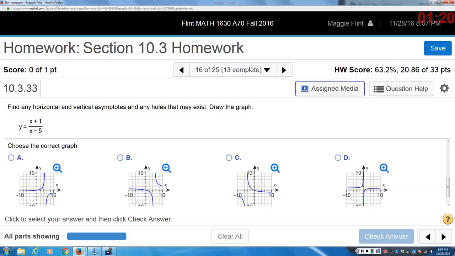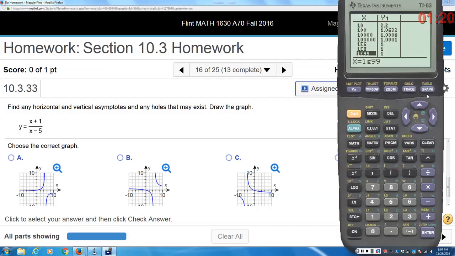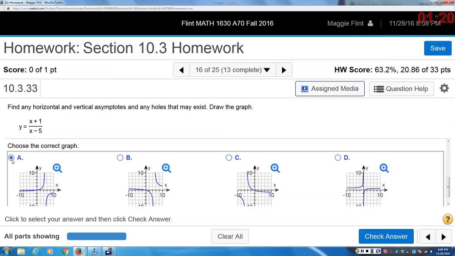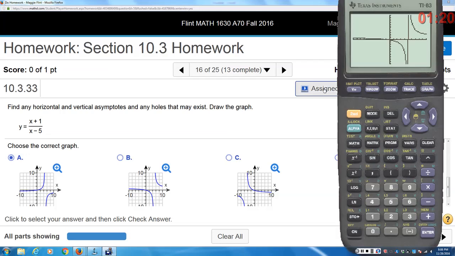And then the correct graph, of course, I showed you the graph on the calculator. The graph looks like that, so it looks like its horizontal asymptote is at 1, 2, 3, 4. It looks like about 5, as it should. So that one, let's see, that's 2, 4, 6. Yeah, that one's probably at 5. It's probably that one. Wait.